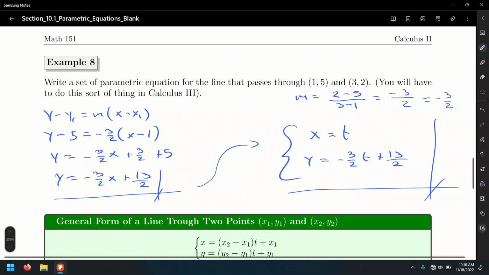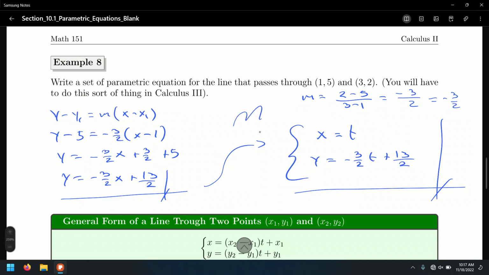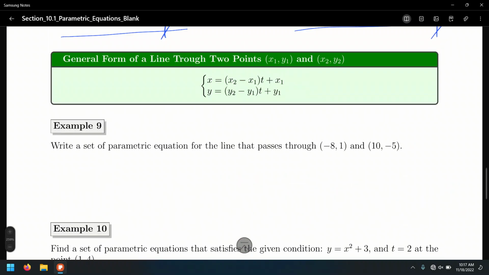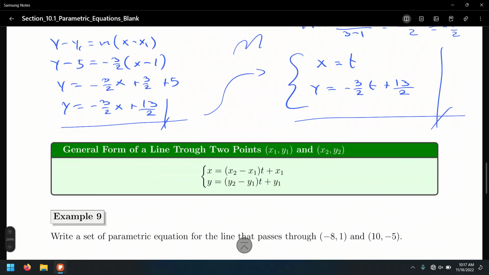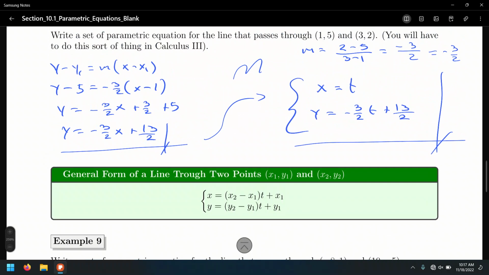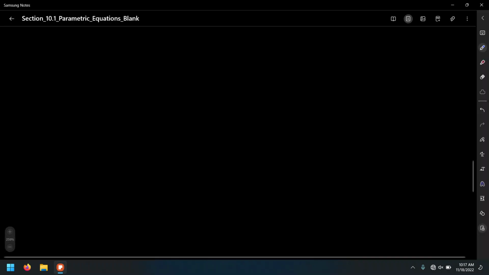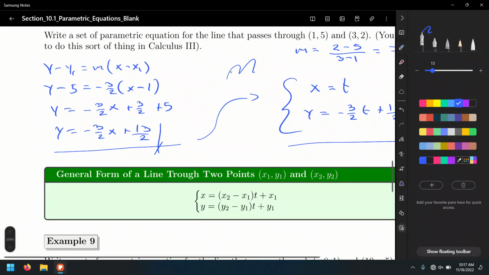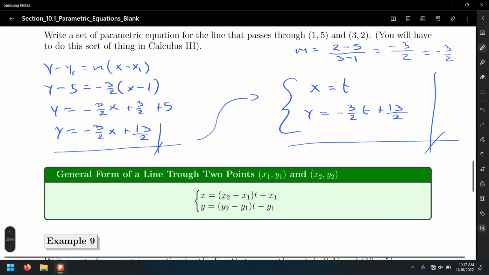Okay, so a quick way to parameterize a line given two points, all you have to do is, for the x equation, subtract x2 minus x1, multiply that by t, plus the initial x.